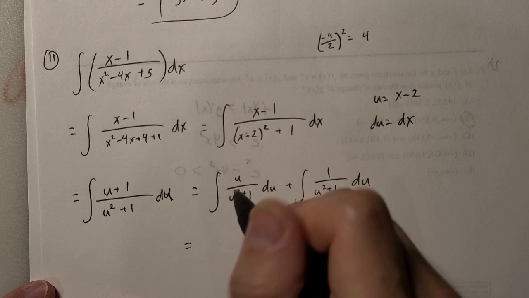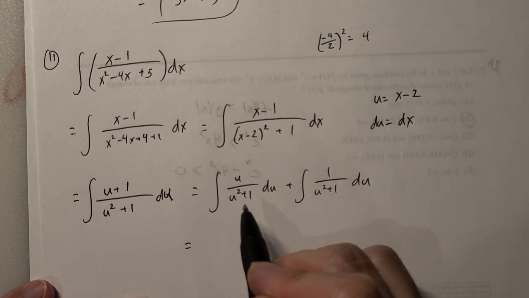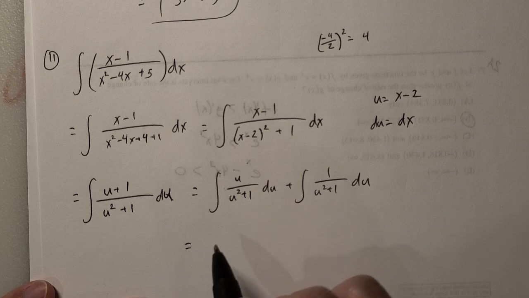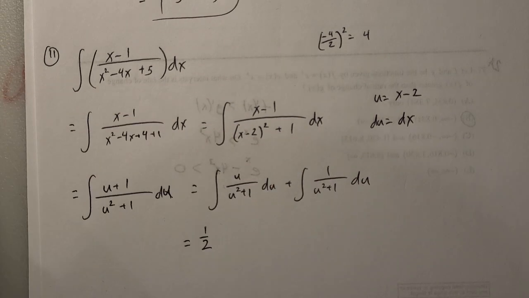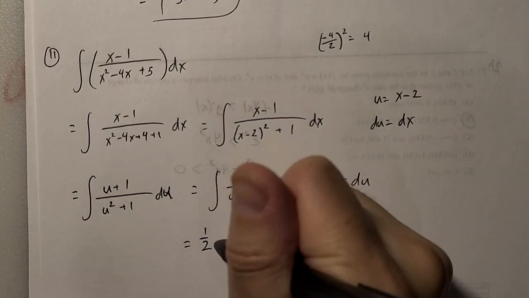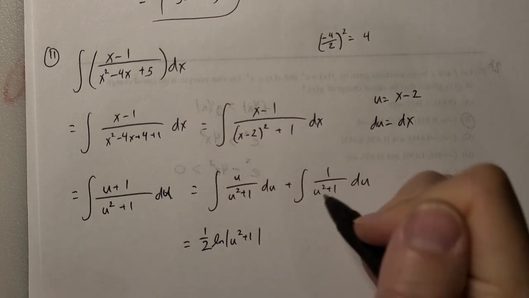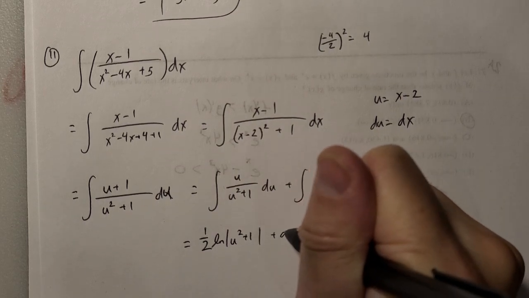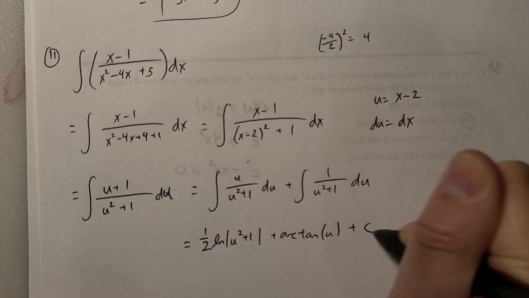So if you want to substitute, we already have u, so let's say v is u squared plus 1. dv is 2u du. So it'll be half log of u squared plus 1 plus arctangent u plus C.